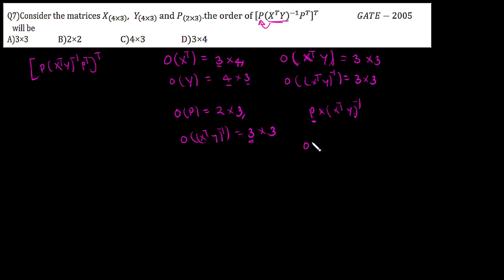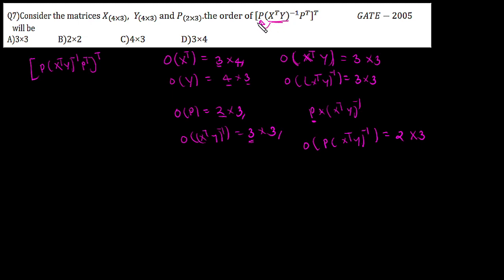So now what is the resultant order? Let's write the order of P multiplied with X transpose Y to the inverse. It is simply the outer numbers of these two, in other words 2 cross 3 is the order of P multiplied with this bracket.